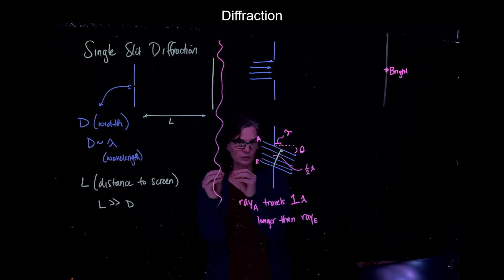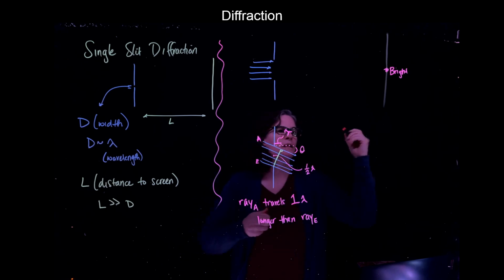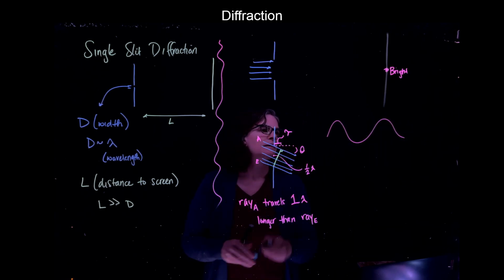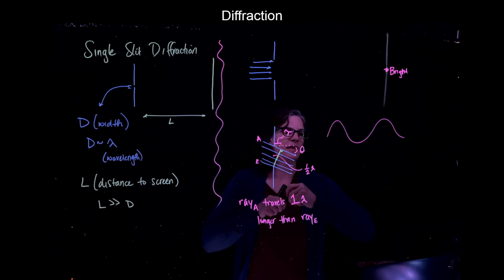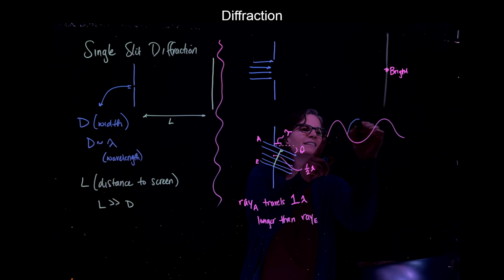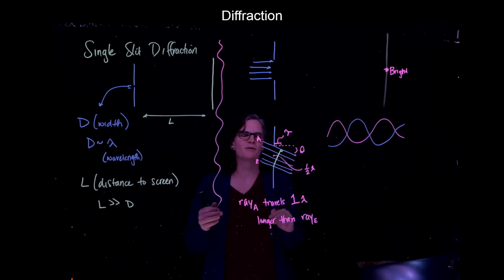So you can imagine that if I have a wave, the one at the halfway point, it is shifted by half of a wavelength. Blue is shifted over by half of a wavelength.